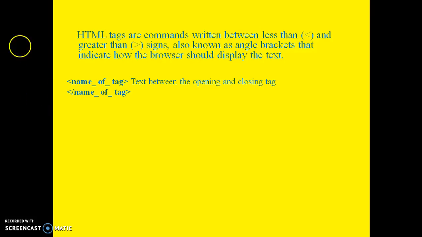This is called an opening tag, written in angle brackets, and in between we write the name of our tag. The closing tag contains a slash before the name of the tag in the angle brackets. In between the opening and closing tags we put the text that we want to display within that tag.